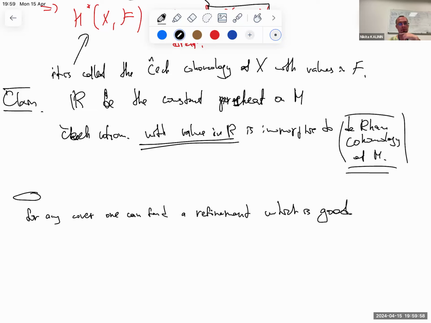That's some theorem about manifolds, right? If you have just any cover, then there is a refinement of this cover such that all the finite intersections are homeomorphic to Rn. That's some fact from topology of manifolds.